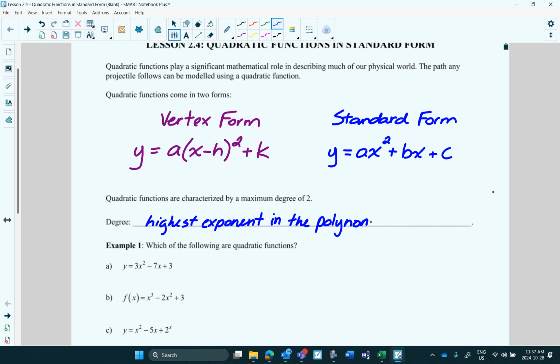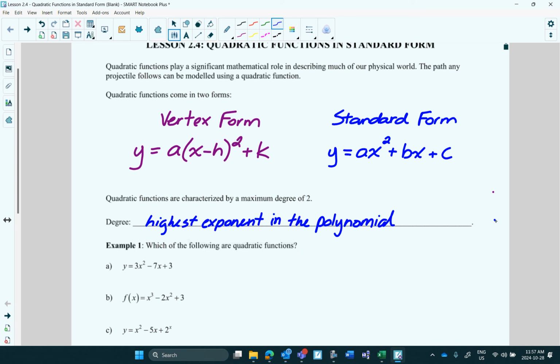So last year, when we did y equals mx plus b, well, the exponent there was technically 1. We didn't write it. So those were first degree functions. This, because we're using squared, means we're looking at second degree functions.